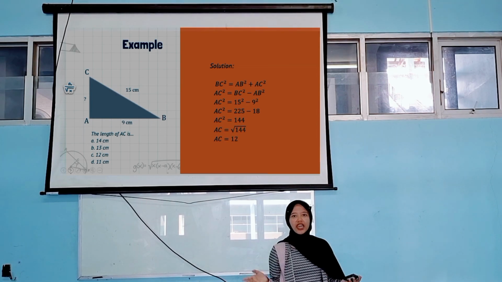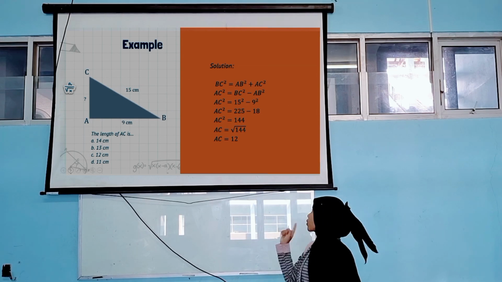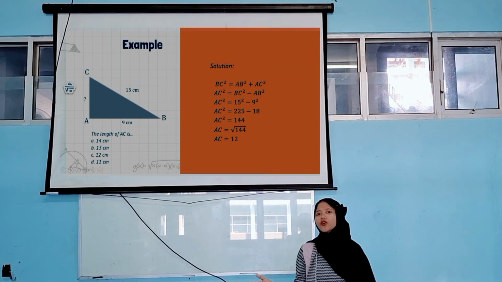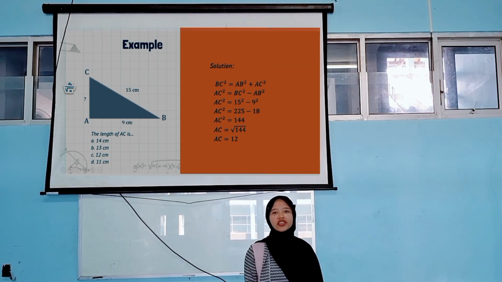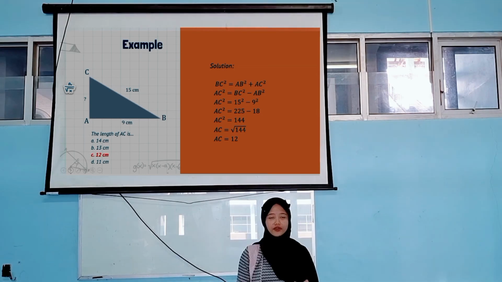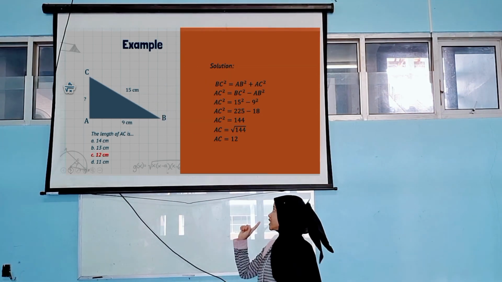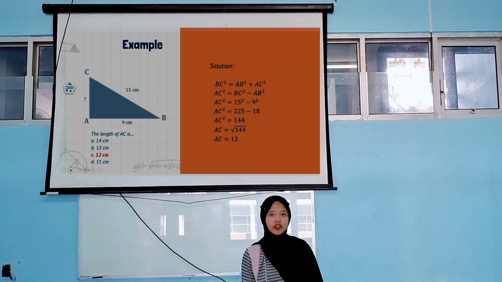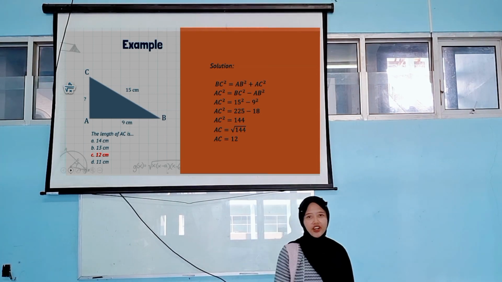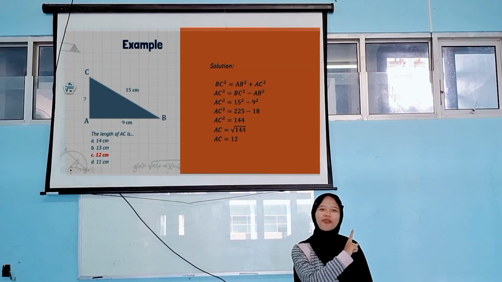That means AC is equal to 12 centimeters. So, the answer is 12 centimeters. That's option C. That's right. Based on our calculation, side AC must be 12 centimeters. We use the Pythagorean theorem and solve it step by step.